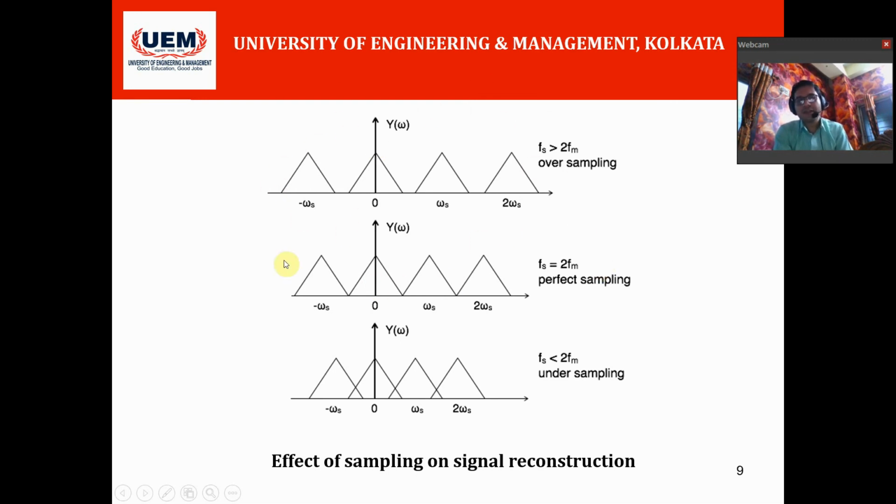This is perfect sampling, that is fs equal to 2 fm. But in the last diagram, fs less than 2 fm, this is undersampling. If undersampling is there, you see that the signals overlap each other. As a result of this overlap, the signal gets distorted and we are unable to recover the original signal from the discrete time signal.